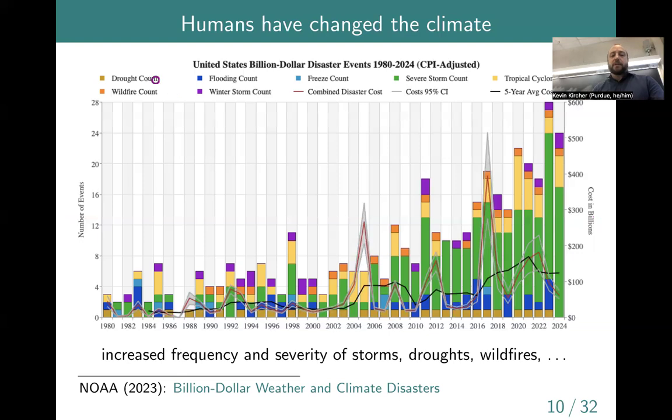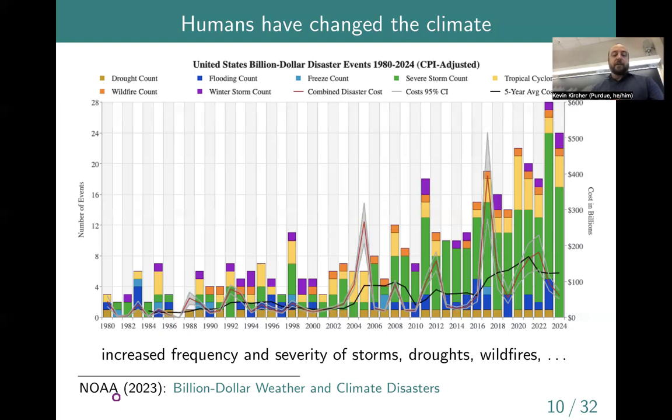These are broken out into various things: droughts and wildfires, floods, severe winter storms, freezes, et cetera. Tropical cyclones, this is basically hurricanes. So we can see the number of these per year is increasing over time. The span here runs from 1980 through 2024. So we're seeing more of them, and we're also seeing higher costs. So the severity is also increasing.